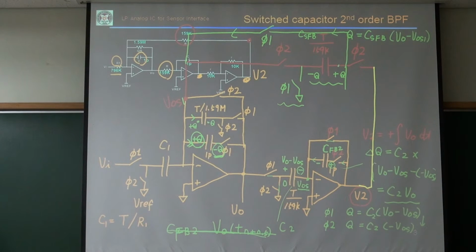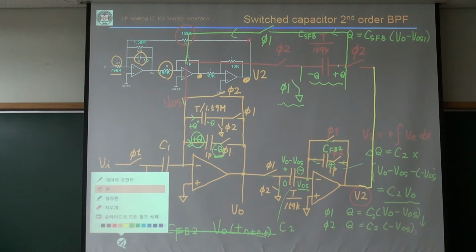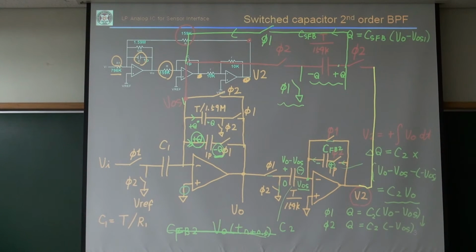Okay. Then see, my auto zero has some problem. For this capacitor, if the input offset voltage of the first op-amp is there, then what's the charge?